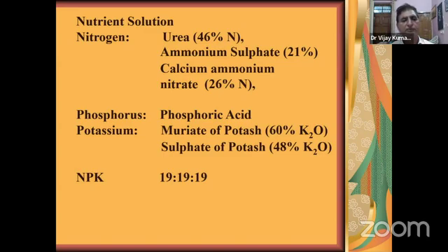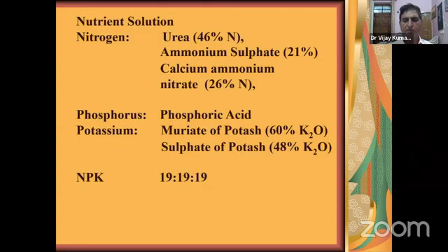I have listed a few. For nitrogen you use urea, ammonium sulfate, calcium ammonium nitrate. For phosphorus, phosphoric acid. For potassium, muriate of potash, sulfate of potash, and NPK.